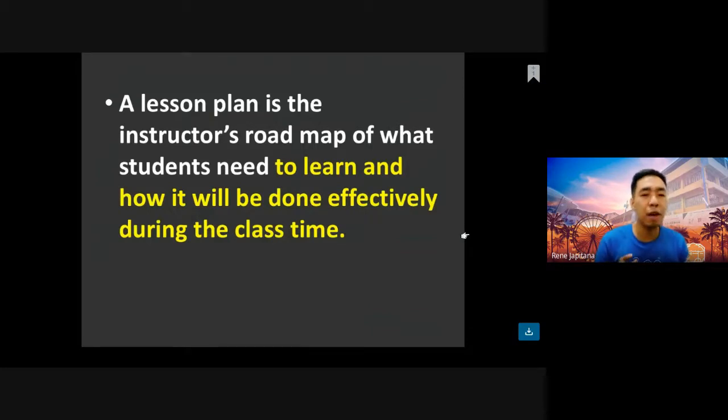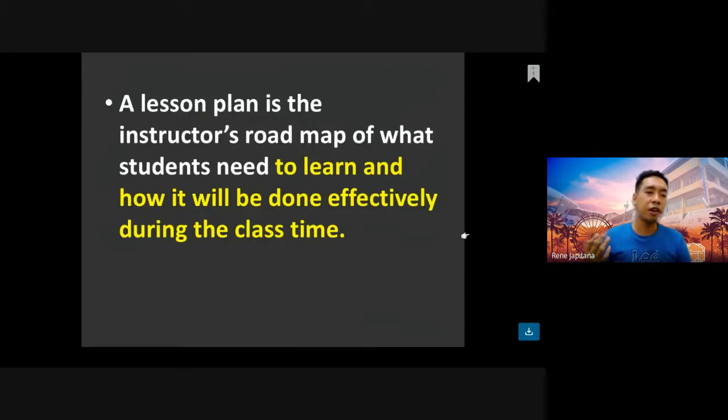There's no exact plan to be followed rigorously. Sometimes it will be distorted, sometimes it will not be followed because of some circumstances. But it is really important to prepare a plan once you start teaching in the classroom.